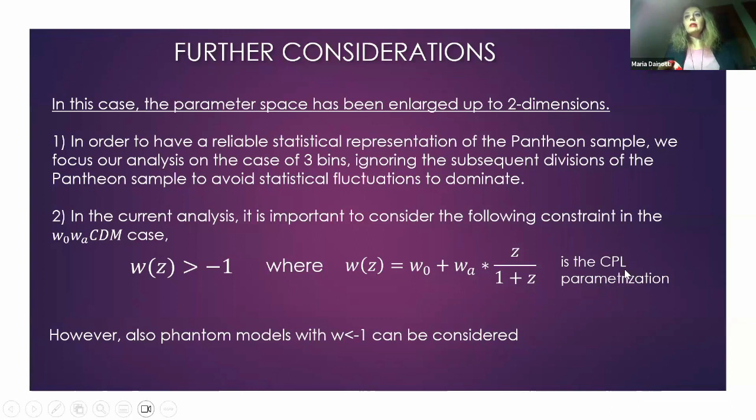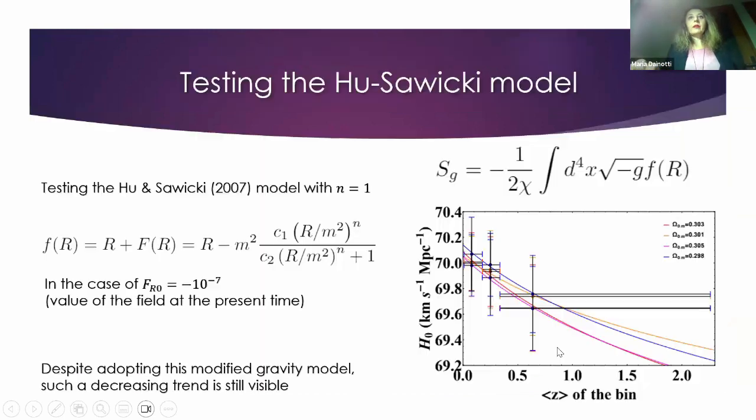And here it is, the Chevallier-Linder-Polarski parametrization that takes into account this w0, wa, as I mentioned before. Now, we put a constraint of w greater than -1, but of course phantom models can also be considered for w less than -1.